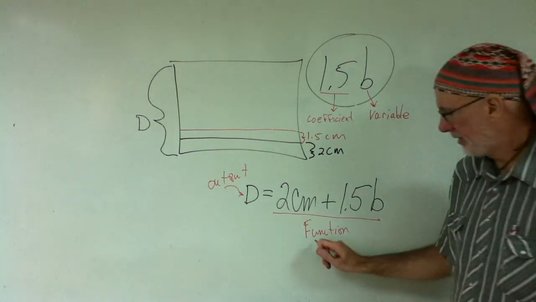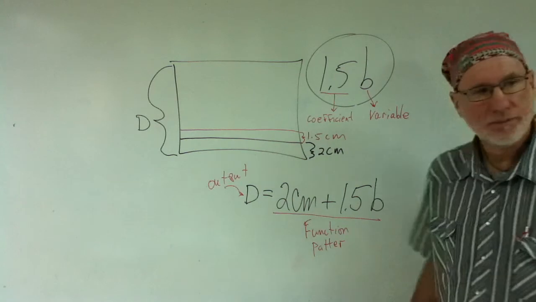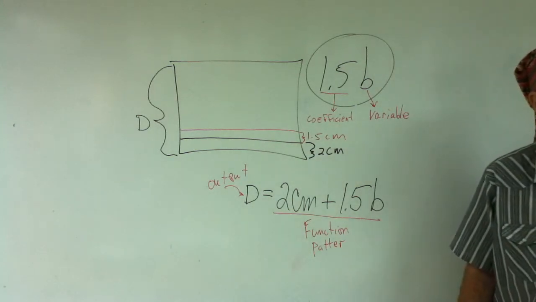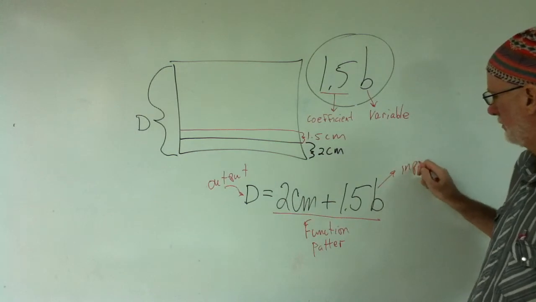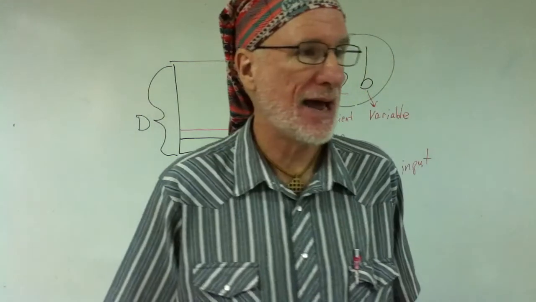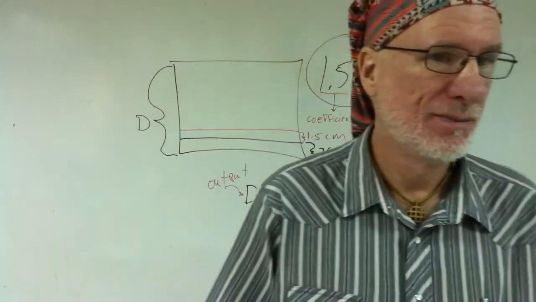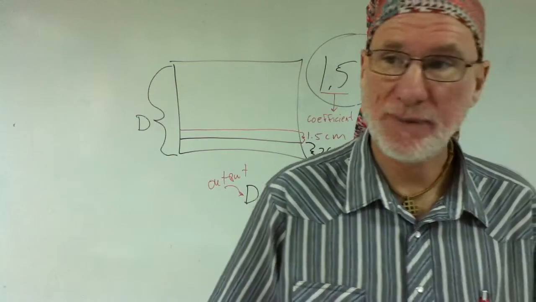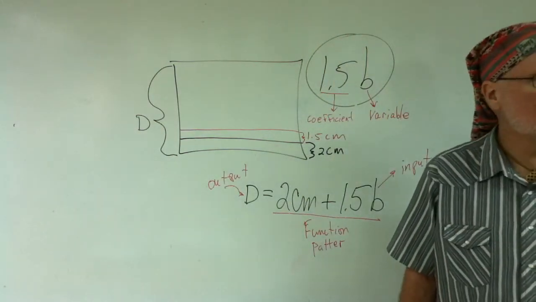Same thing. What's the input? B. I'm going to give you equations, and you're going to have to tell me what's the equation, what's the pattern, what's the rule, what's the input, what's the output. What's the rule?